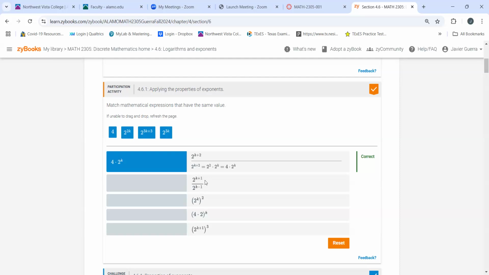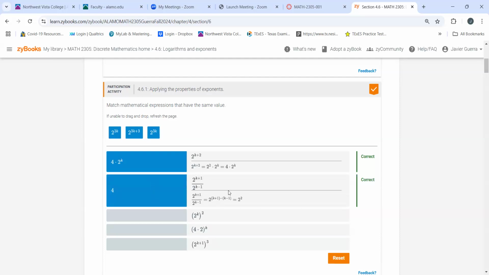So that should be 2 to the second power, which is 4. For 2 to the k, we're using the property where we multiply, it's raised to the second power. So this should be 2 raised to the 2k. So this one should be third.